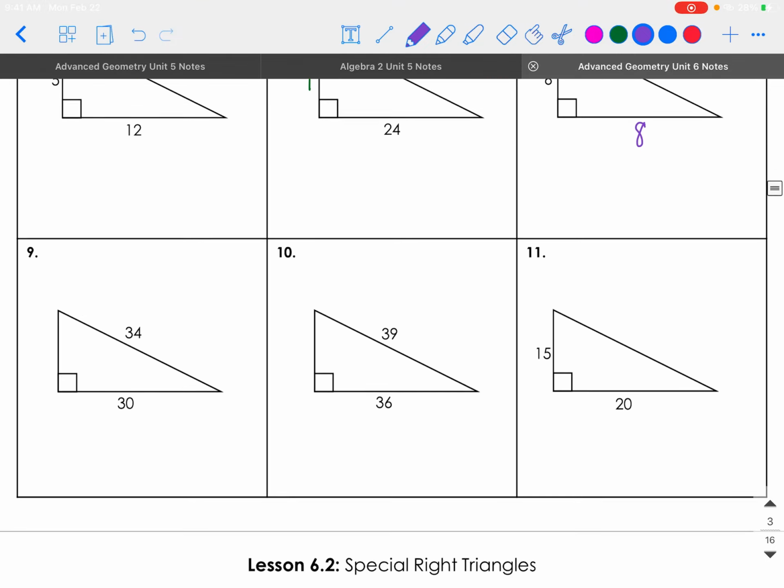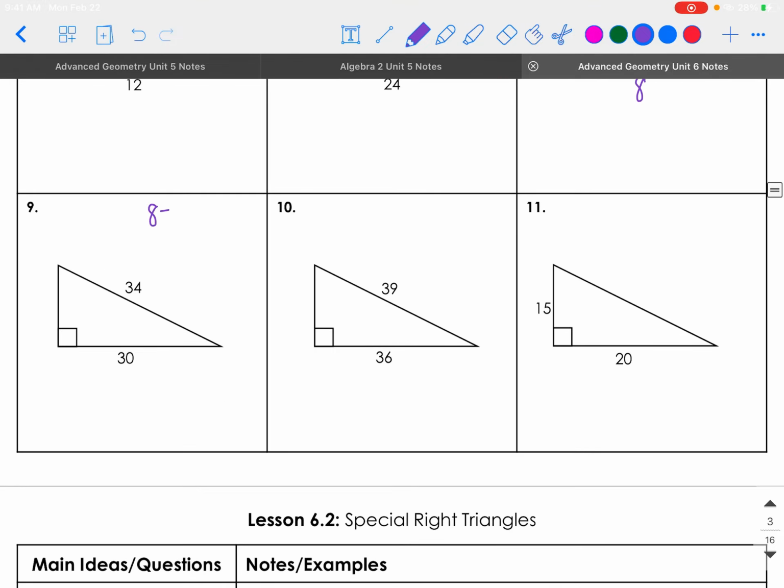So this would be the triple 8, 15, 17, where everything is multiplied by 2, like 16, 30, 34. So this other side has to be 16.